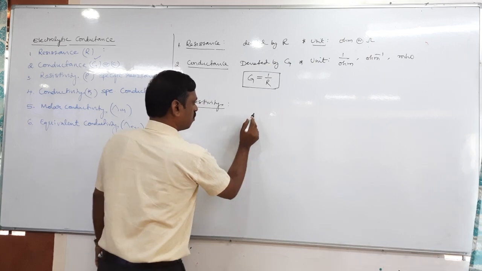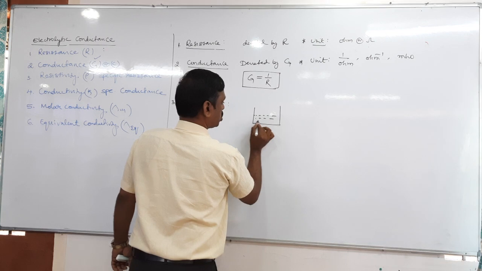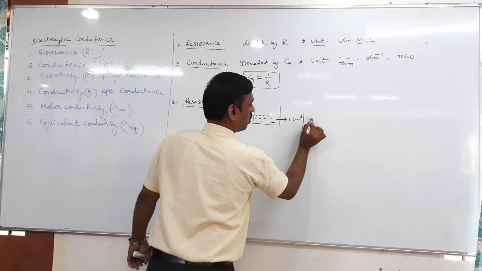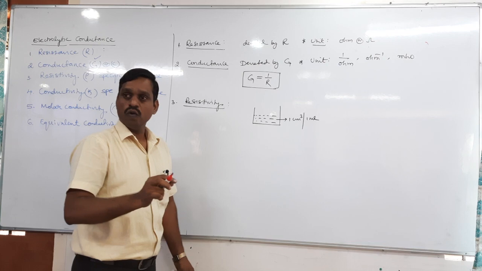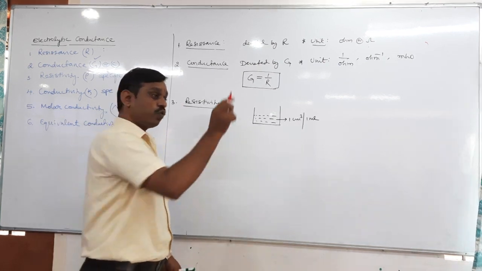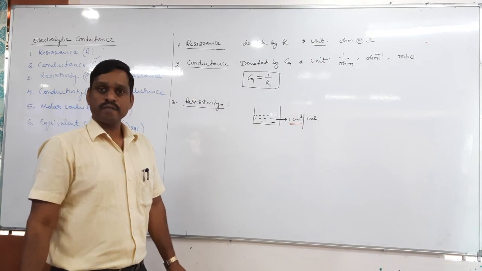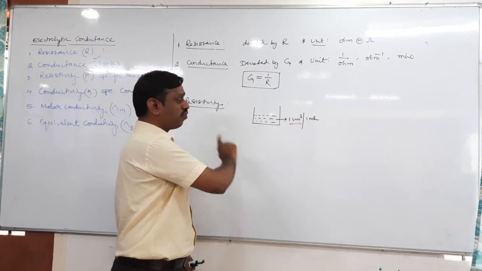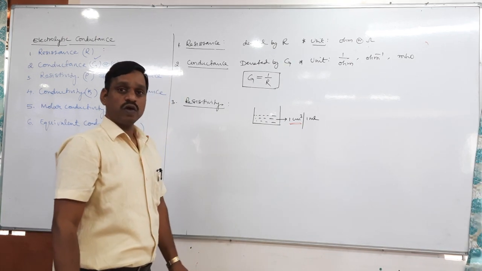For example, take an electrolyte whose volume is 1 cubic centimeter, nothing but 1 ml. This 1 ml of electrolyte has a certain resistance. The resistance of this 1 ml or 1 cubic centimeter of electrolyte solution is resistivity. That means resistivity is measured per ml or per cubic centimeter of electrolyte solution.